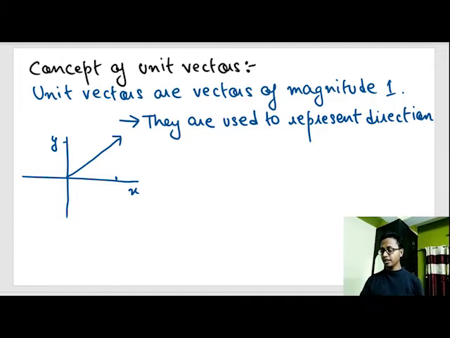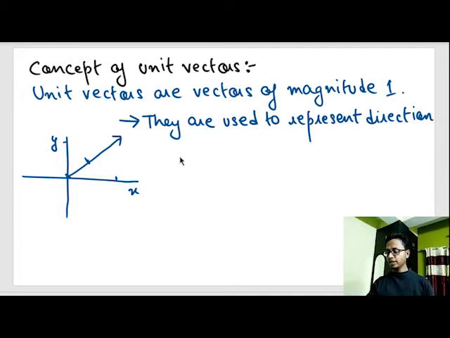How should I say it? This vector is neither along the x-axis nor the y-axis. So we find the unit vector for the convenience of direction. When you multiply the magnitude with this unit vector, we get the direction in which you have to travel. So how do we do that?